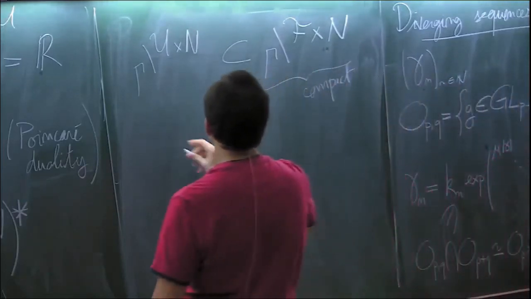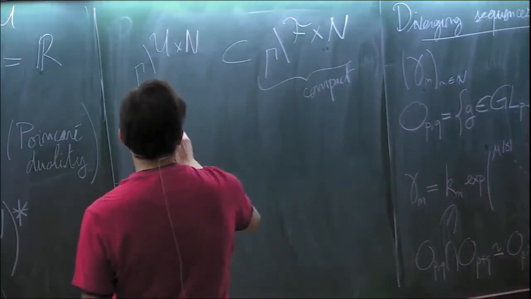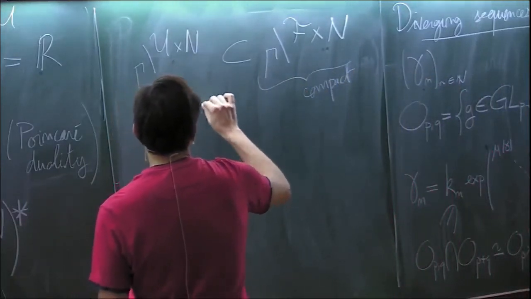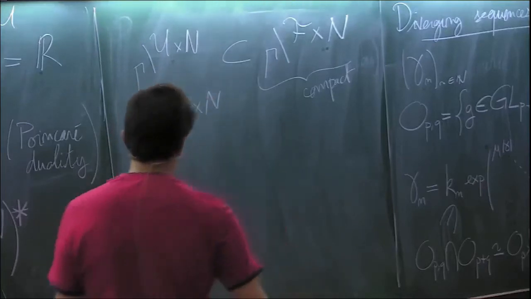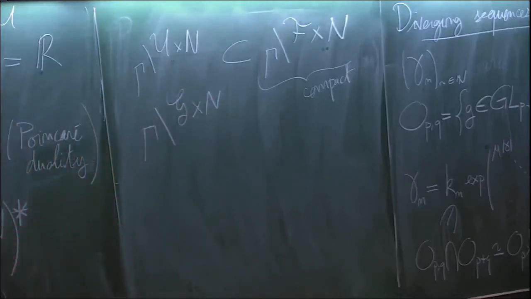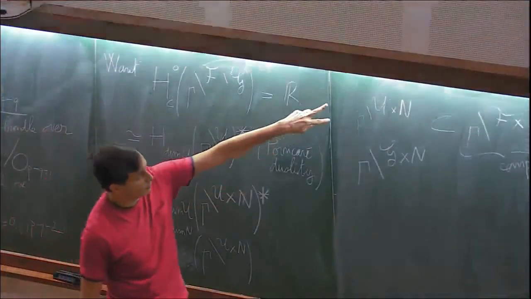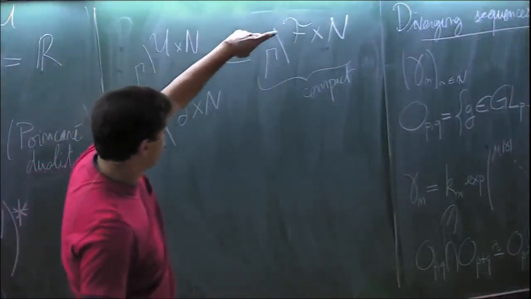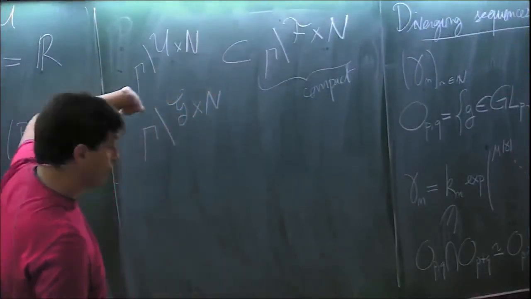And the complement of this open subset is really this. Okay, so the compactly supported cohomology of this space is in fact the cohomology of this pair.